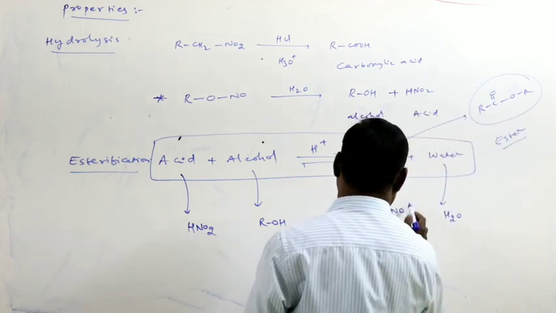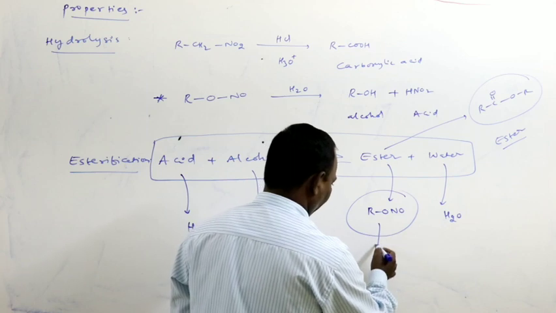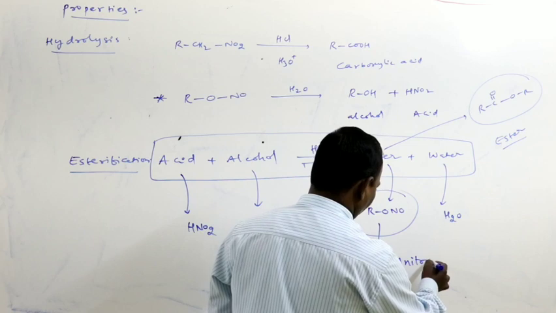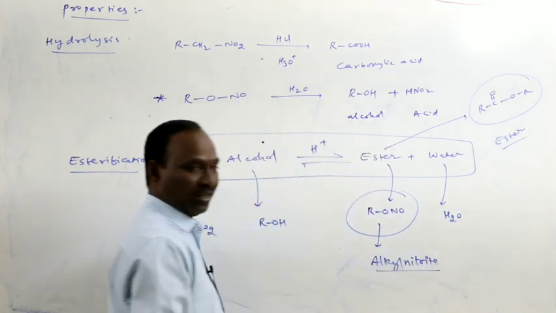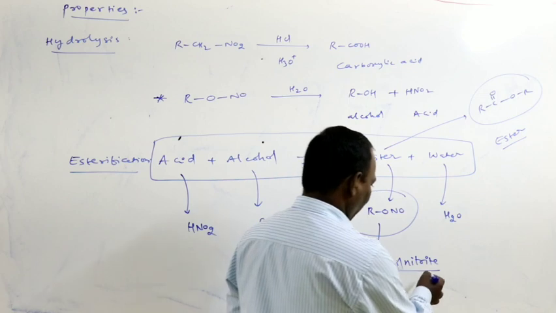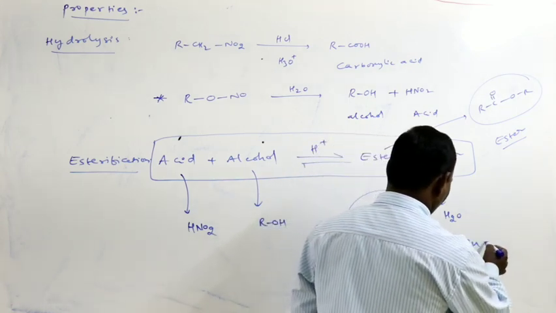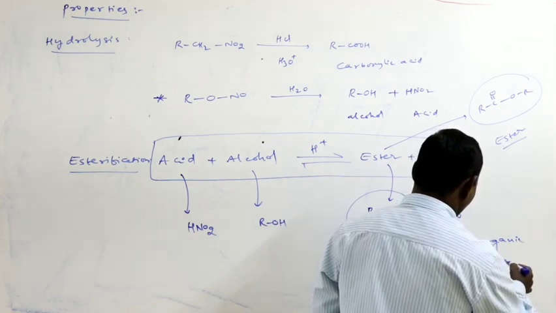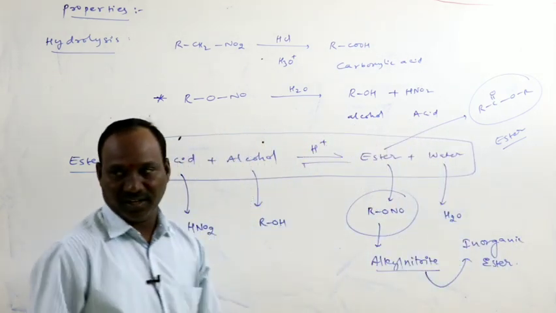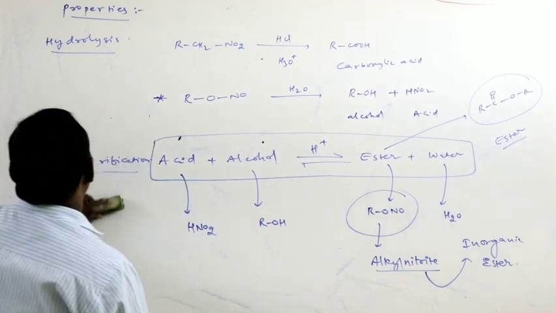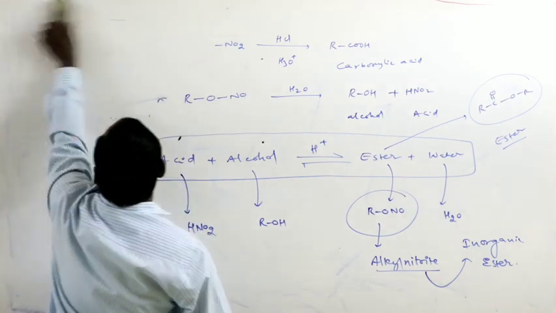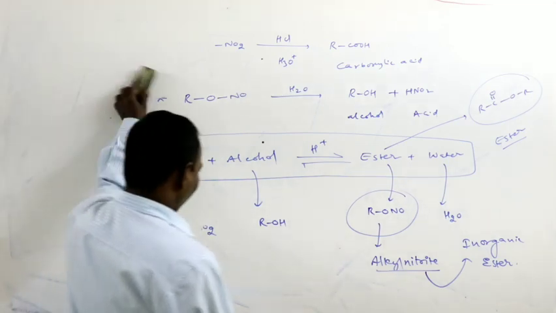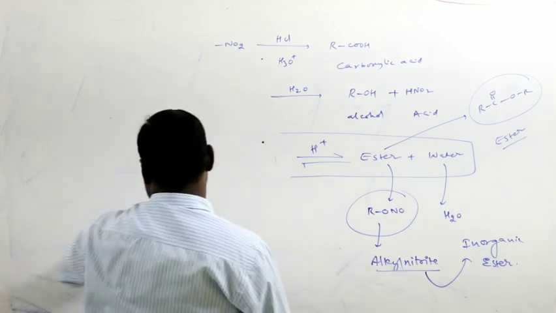This alkyl nitrite is called an inorganic ester. Alkyl nitrite is known as an inorganic ester. Okay, this is about hydrolysis of alkyl nitrites.